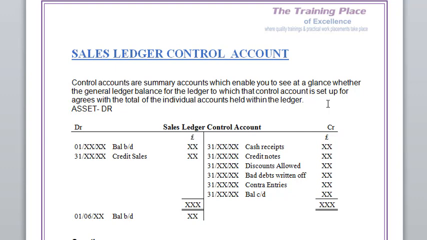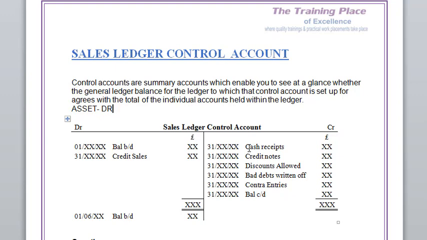So if I have credit sales, they will increase the balance, so we will debit that amount, whatever the amount is. And if you have cash receipts, payments received from credit customers, cheque, whichever format it comes in, it will go on to the credit side because it will be reducing the debtors amount.